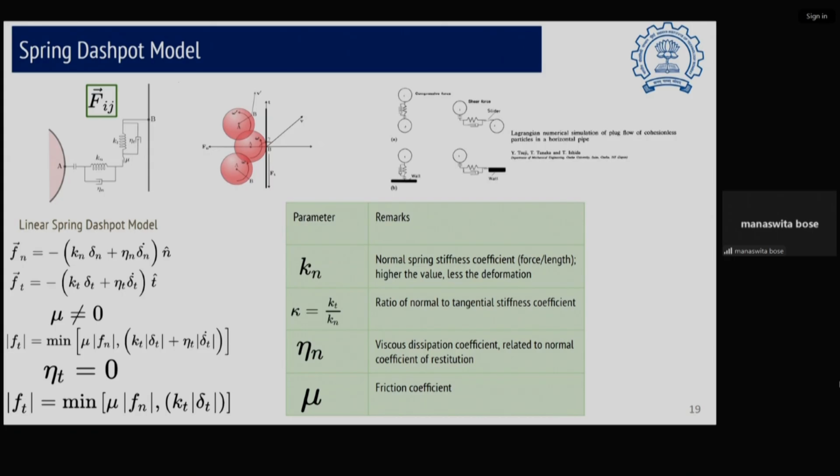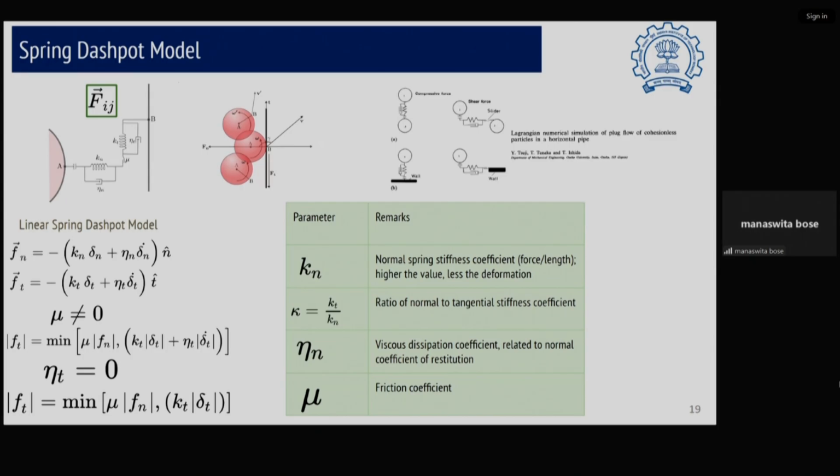Now in DEM, which is also like a soft sphere model, what does it mean? It means that at the contact, when two particles are in contact, they can deform. So one can put a spring between two particles, and under the load the spring compresses. That is how it is modeled. Now, if it is just a spring, then the contact will be elastic.